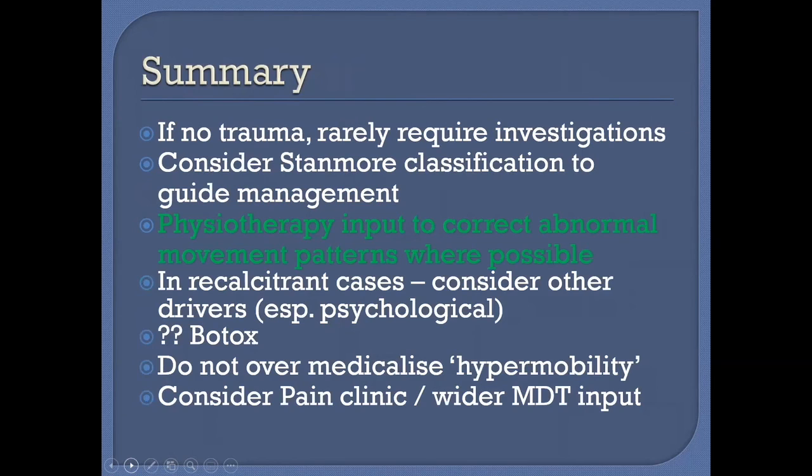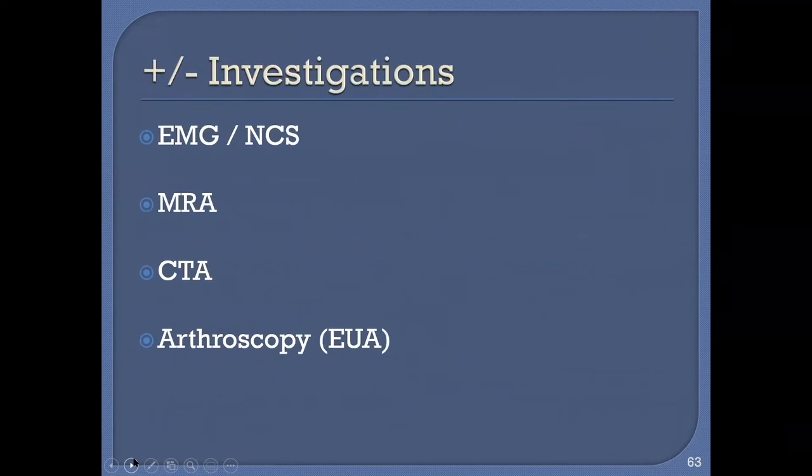So essentially, if no trauma, you rarely require investigations. Consider the Stanmore classification to guide management, and definitely physio is the way forward to correct abnormal movement patterns. Don't over-medicalise hypermobility, and definitely consider pain clinic and wider MDT input for the patients that you think have more central drivers.